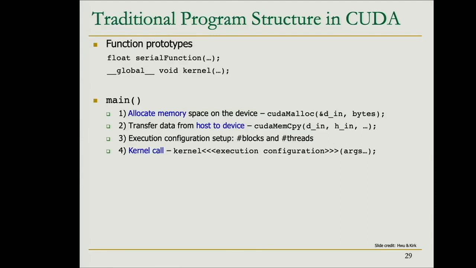At least A, B, and C, right? When doing GPU programming, we will typically use dA, dB, dC in order to distinguish them from the copies that we have on the CPU side. Those will typically be h.